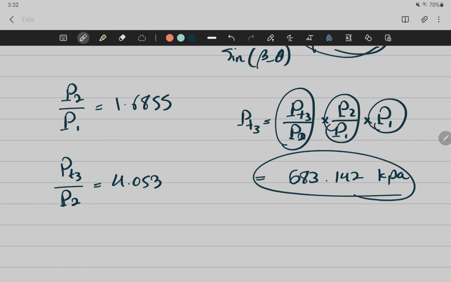Wait, is it PT3 or just P3? P3, that's the stagnation pressure at the pitot tube, right? So we are looking for the total pressure or stagnation pressure. Do we have any questions about this?